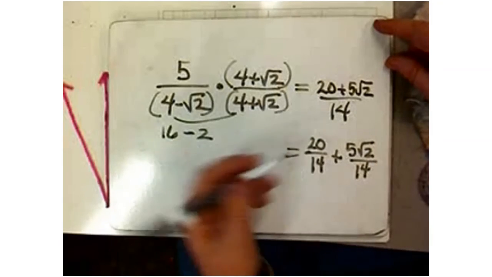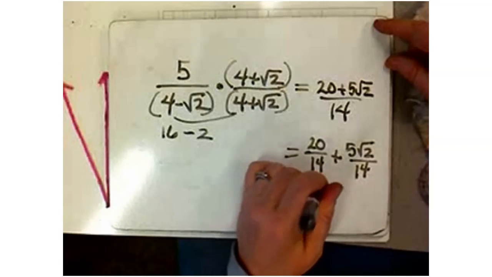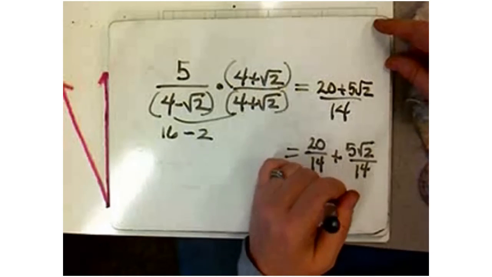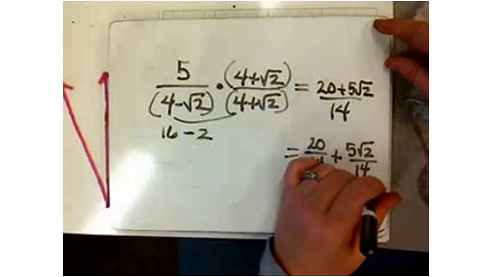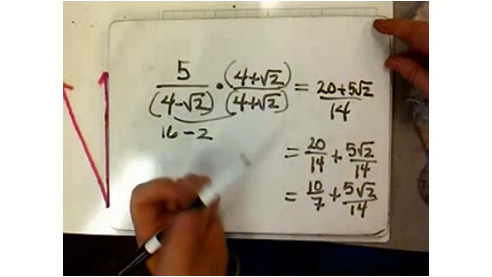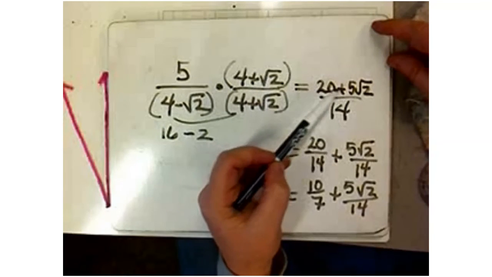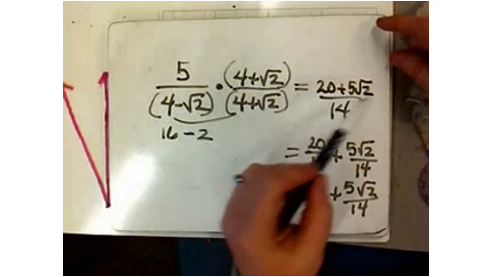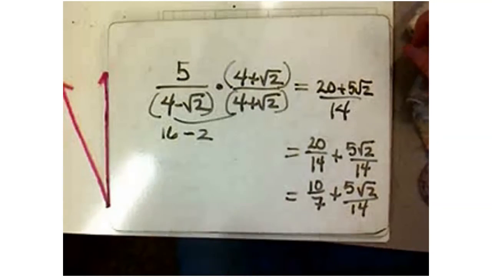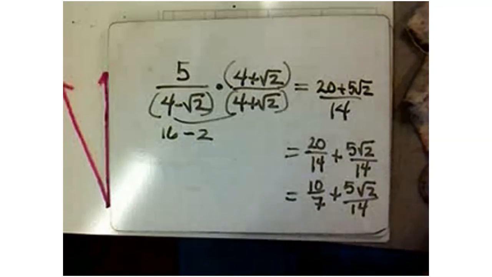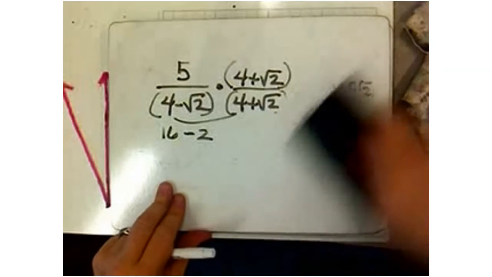So the 20 over 14 would become 10 over 7. So we could have 10 over 7 plus 5 square root of 2 over 14. However, if you leave it at 20 plus 5 square root of 2 over 14, and you can't simplify all of them, you can leave it like that, and that's still good for this exam.